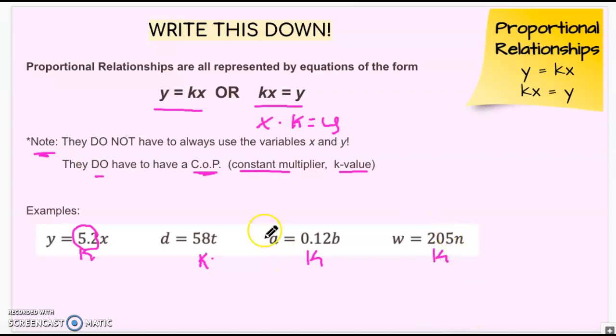So all of these are proportional relationships. Doesn't matter that they have different variables, doesn't matter that this is a decimal, big number, small number, negative number even is okay. That being said, I'm going to pause here one more time. Make sure you have this written down. Awesome, let's move on.